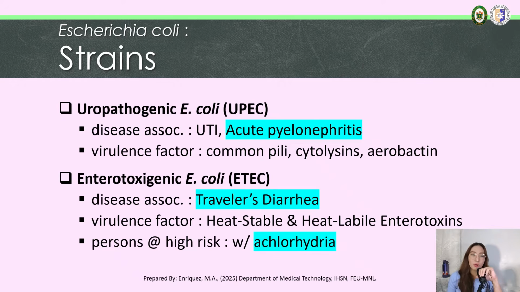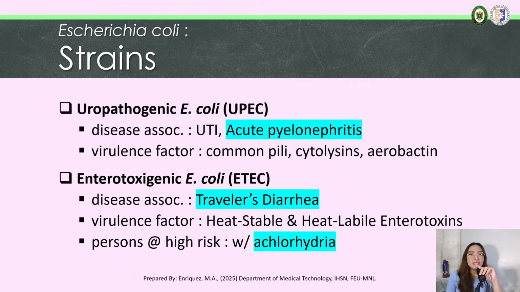enterotoxigenic E. coli or ETEC strain. So this has been associated with what has been known as the traveler's diarrhea. Okay, again, the ETEC strain is known to cause the traveler's diarrhea. So nabanggit po natin kanina, di ba, that E. coli is a primary indicator of fecal contamination of water supplies, right?